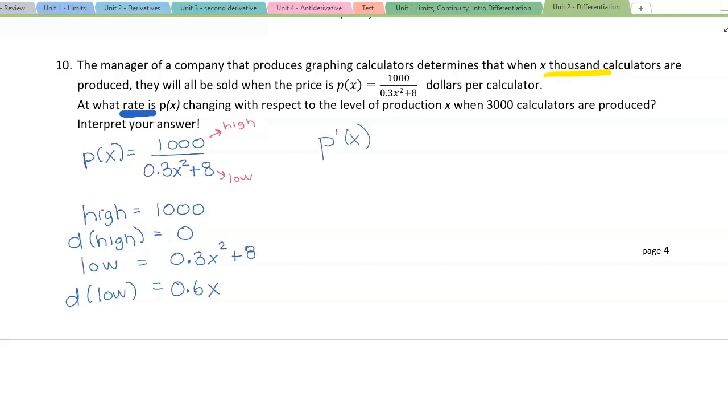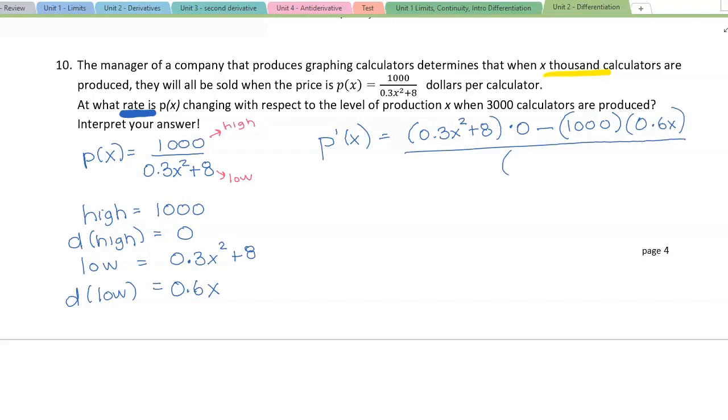The derivative is going to be low, so 0.3x squared plus 8, times d high, which is 0, low d high, minus high, which is 1,000, times d low, or the derivative of the low function, all over low squared, which is 0.3x squared plus 8. This first term is going to drop out since we're multiplying by 0.